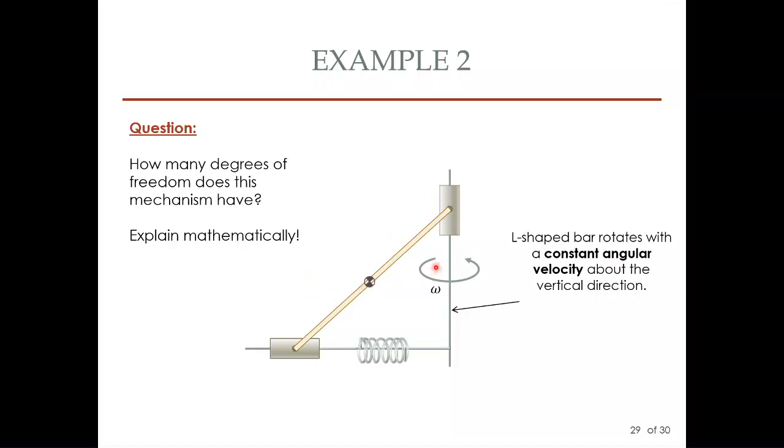One of them will necessarily include this omega. One of them will be like some angle equals omega t. Let's say if you define this angle as alpha, one of your parameters, then alpha equals omega t is a constraint equation, all right?